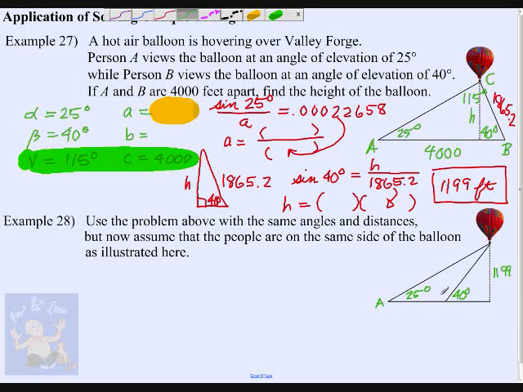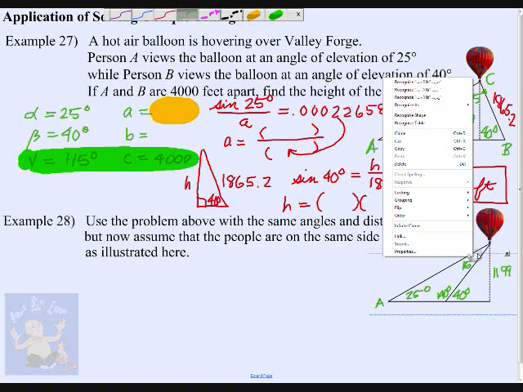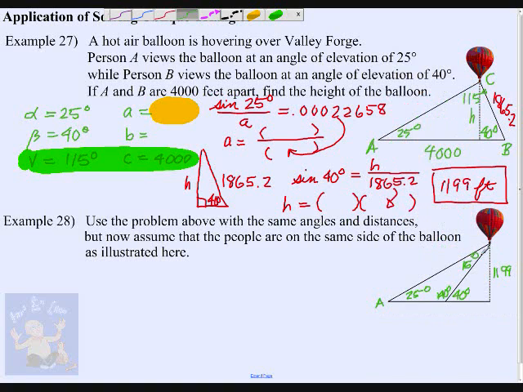So that means that this would be, how many degrees? This is a straight angle, so this would be 140. If that's 140 and that's 25, then this is 15 degrees. I've got a lot of information here. Okay.